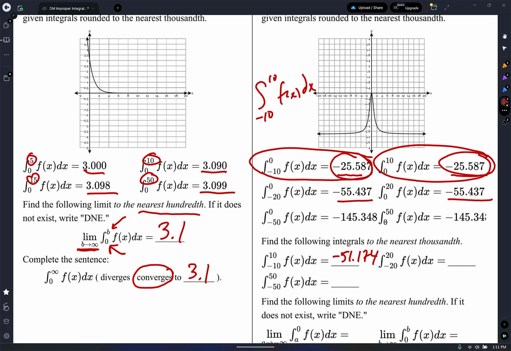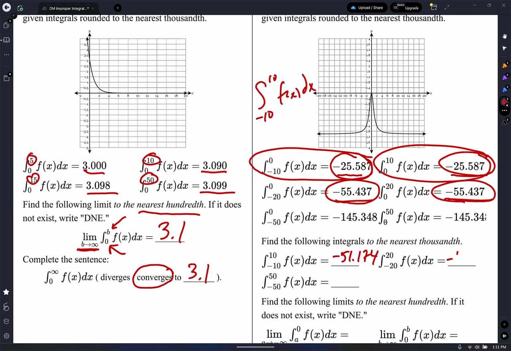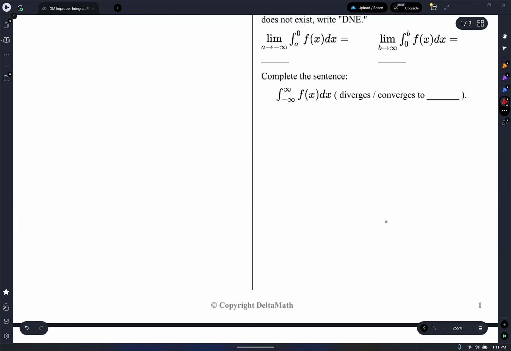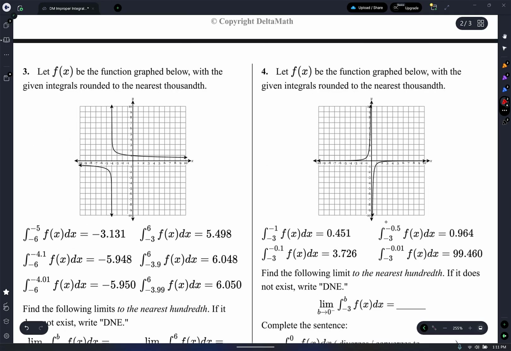All right. What is it from negative 20 to 20? Go ahead and add up the negative 55.437 or multiply those by 2. Negative 110.874. There it is.